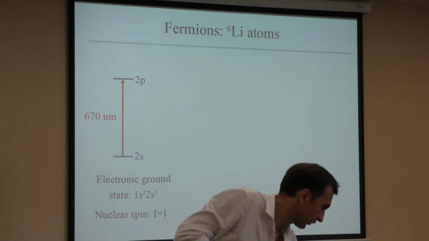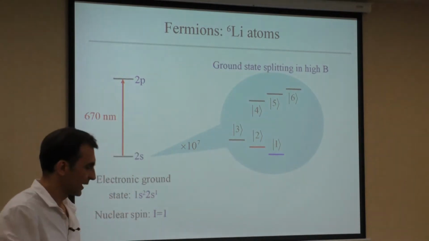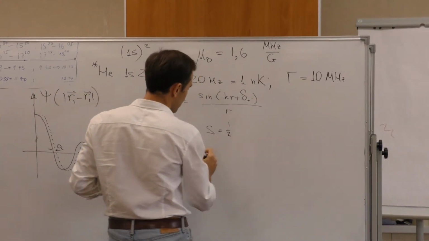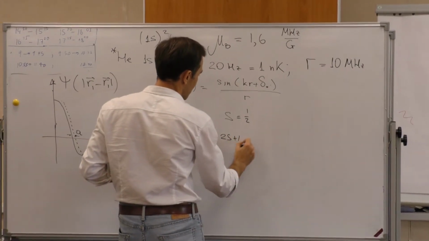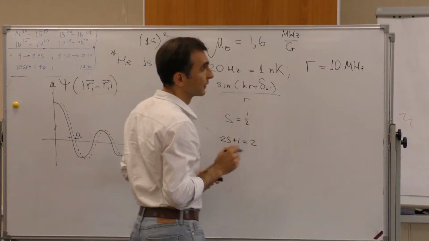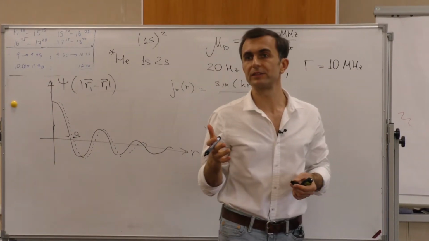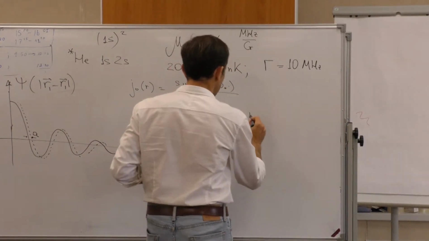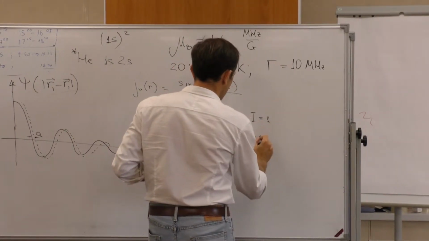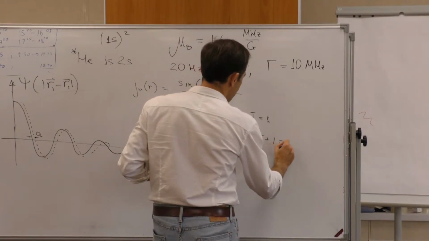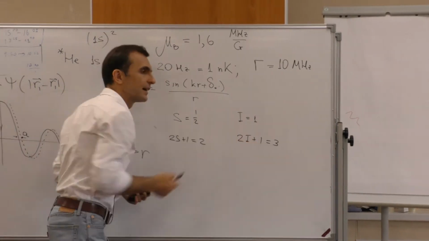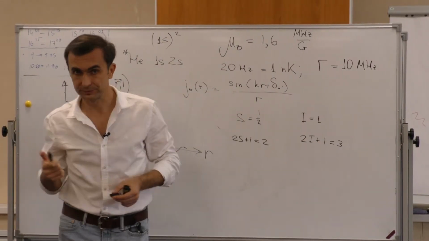This state has a structure because the valence electron has spin. The spin is 1/2. It means there are 2s plus 1, 2 states. Also, lithium-6 has a nuclear spin. The nuclear spin is 1. There are 2i plus 1, 3 states. So in total there are 2 times 3, 6 ground states.